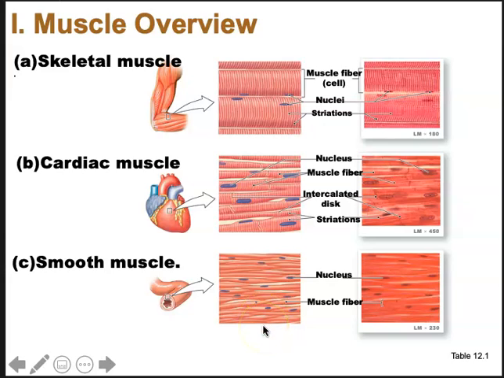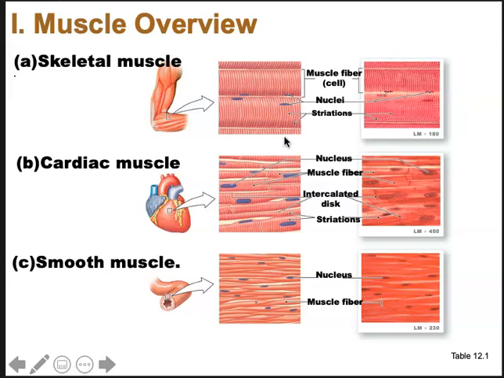They all possess myosin and actin. Those filaments allow a muscle tissue, or a muscle as an organ, to contract, which is their overall function. All three will contract. The big difference is, of course, where they are located, and as I mentioned, how they're being controlled.